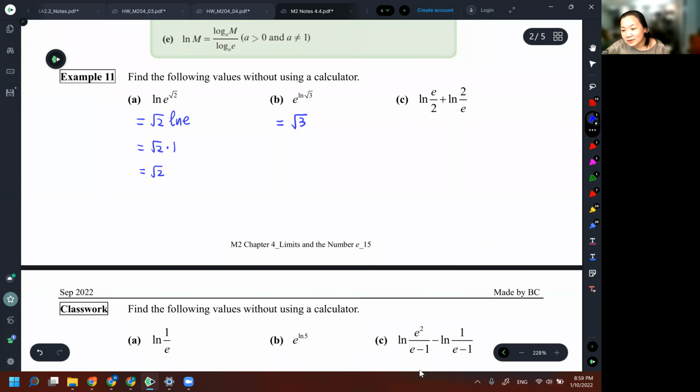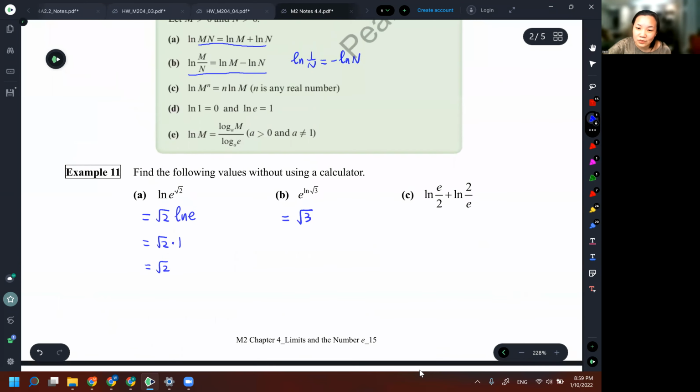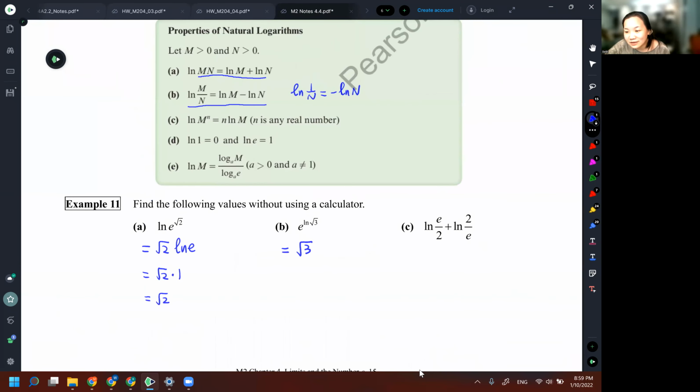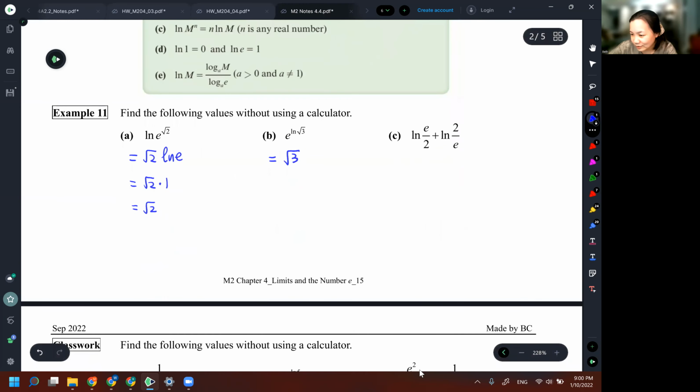In the textbook, you also have this example. And if you look through all the properties you cannot find this property. How can you find it? This is because this property is not a property. This counts as a definition. If you don't realize this, let's say e to the power log √3 equals t, and then I can take log.